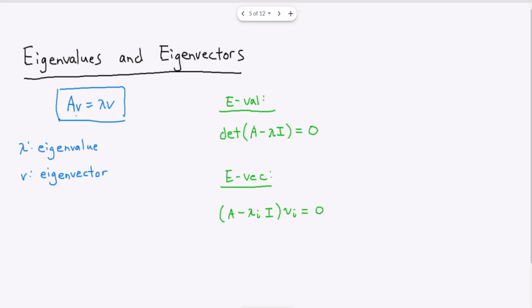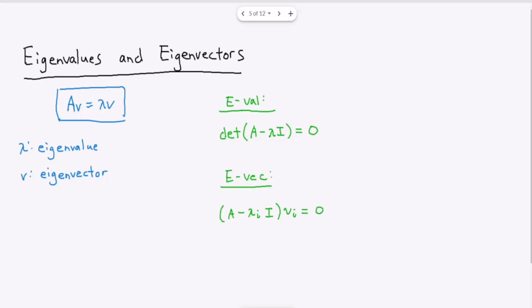When we apply this linear transformation A, which is our data, to v, we want to find the vector that does not change direction. It doesn't change direction, but it may stretch or shrink, and the factor by which it stretches or shrinks is our eigenvalue.